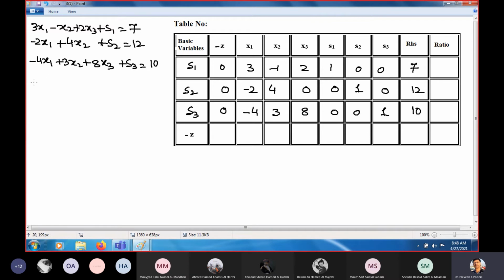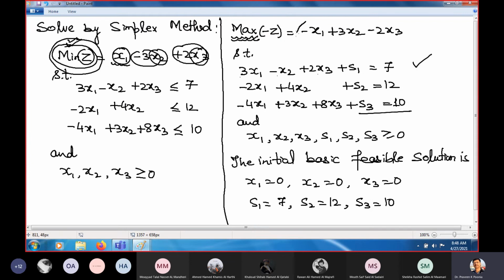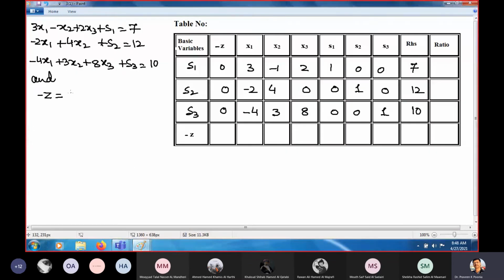Okay. Now, what is this? Minus z equals to how much? Minus z equals minus x1 plus 3x2 minus 2x3.